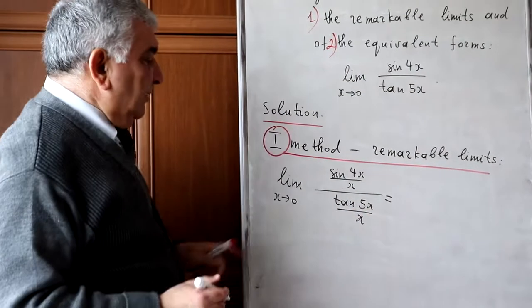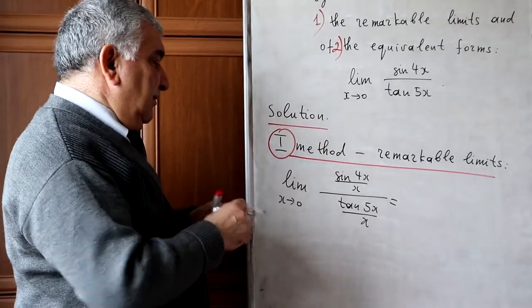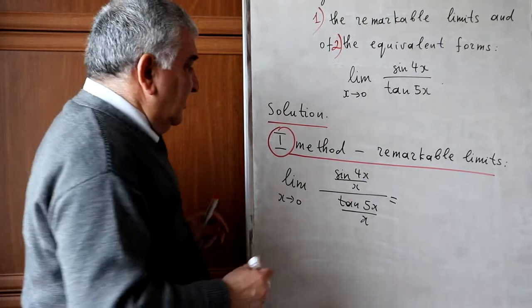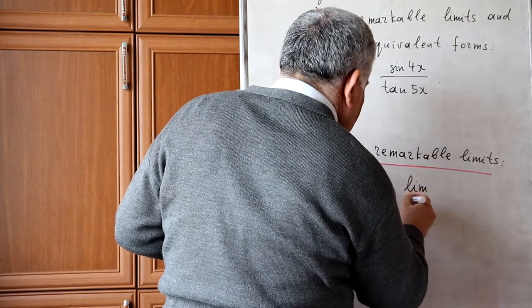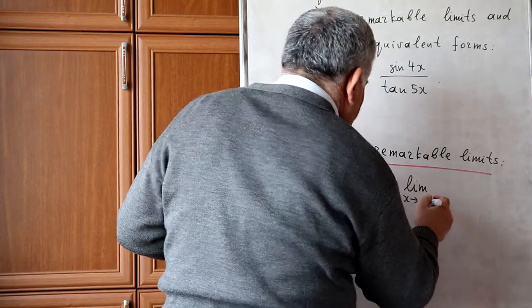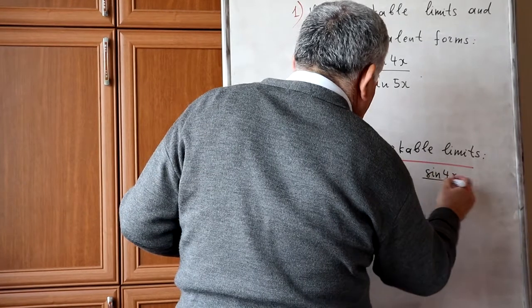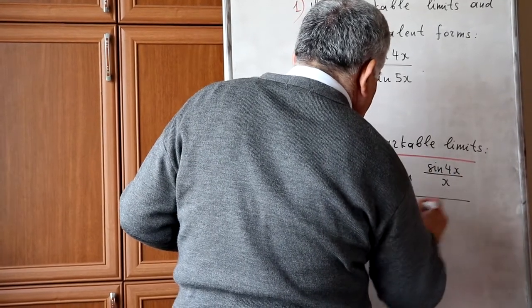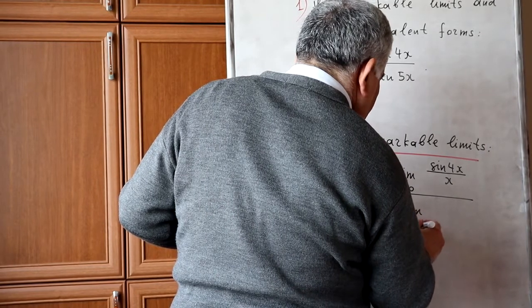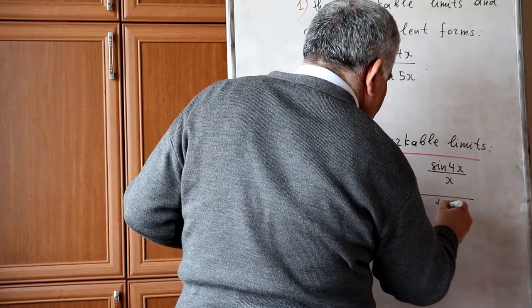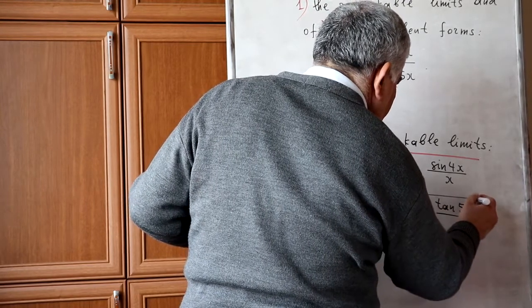You know that the limit of a ratio is the ratio of limits, and therefore we can separate the limit symbols. Limit when x tends to 0 of sine of 4x over x divided by limit when x tends to 0 of tangent 5x over x equals.